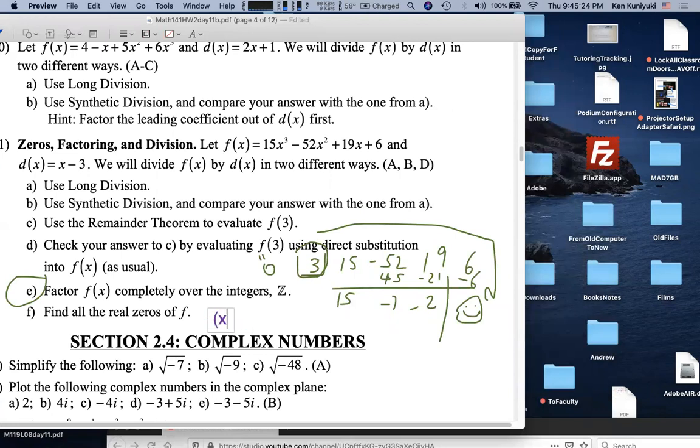X what? Based on our work. Yes, x minus 3. Because f of 3 is 0 by the remainder theorem, we know that x minus 3 has to be a factor by the factor theorem. Right? Now let's get the other factor.